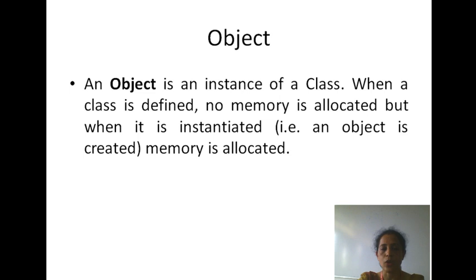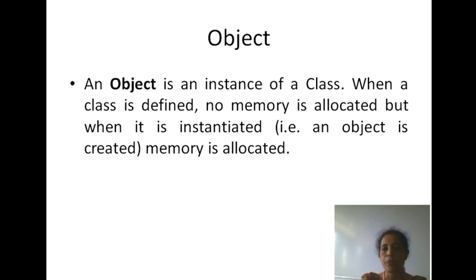Next one is the object, because in the case of object-oriented programming, the basic things are the class and the object. Both must be present in the object-oriented programming concept. So an object is an instance of the class.